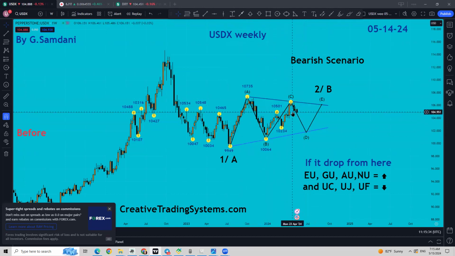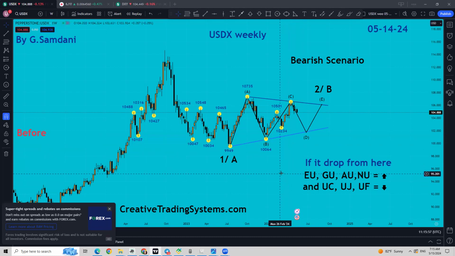If the dollar index continues dropping and gets weaker after the news, then yes, Euro USD, Pound USD, Aussie USD, and Kiwi USD will go up, and USD CAD, USD Yen, USD Franc will go down. I don't even trade Kiwi USD and USD Franc, so maybe I'm only going to bother with Euro USD and Pound USD.